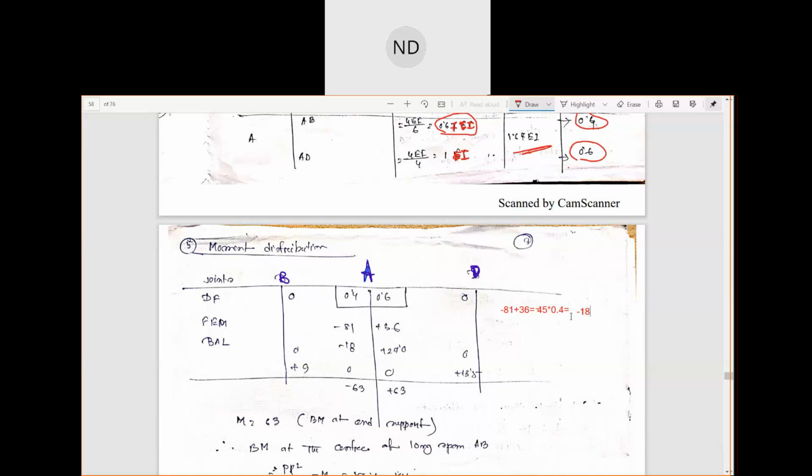Balance. Then we have here, if you do the same thing, minus 81 plus 36, 45 you are going to get.